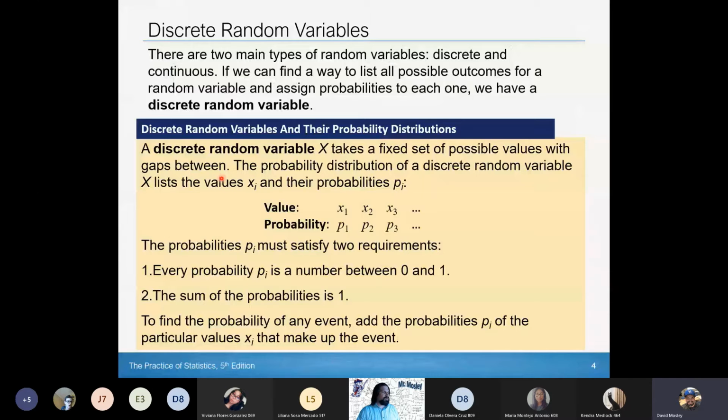The probability distribution of a discrete random variable x lists the values x sub i and the probabilities p sub i. The subscript i is just a placeholder that gets replaced with a number, and that number indicates the order in which that value occurred. So x sub 1, x sub 2, x sub 3: x sub 1 just means this is the first possible value for x, sub 2 is the second possible value, and sub 3 is the third possible value.